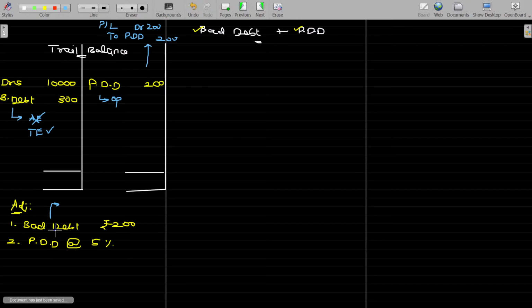As I came to know this only after the trial balance, the journal entry has to be passed now. By passing the adjustment entry, this will come inside the trial balance, so we have to pass the transfer entry too.